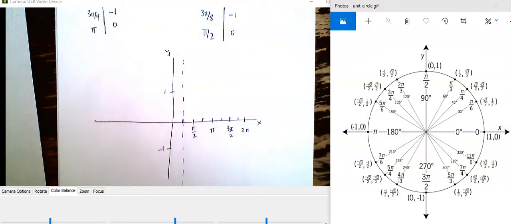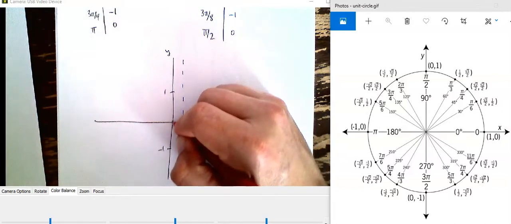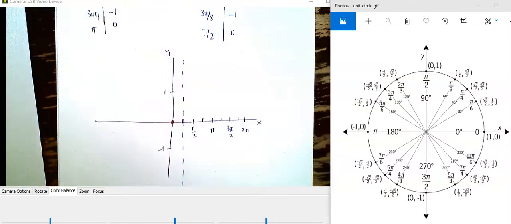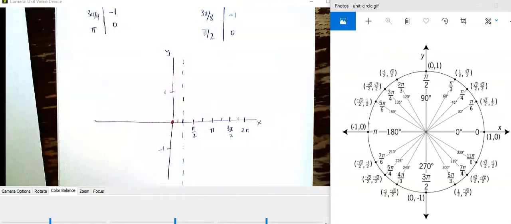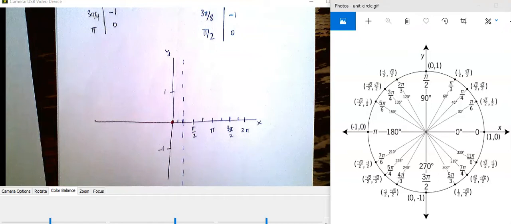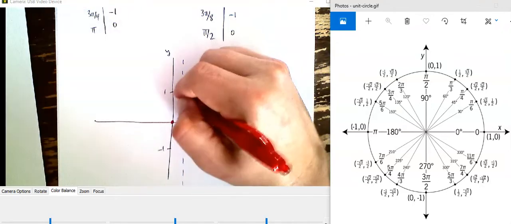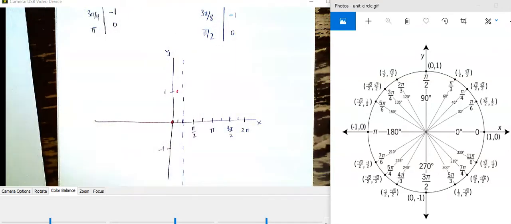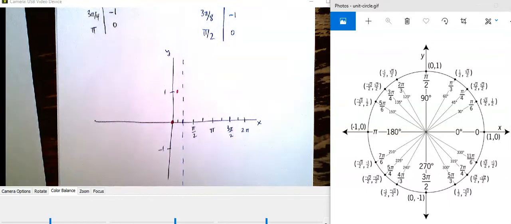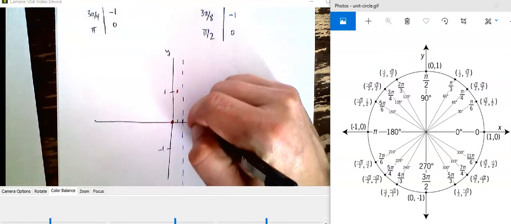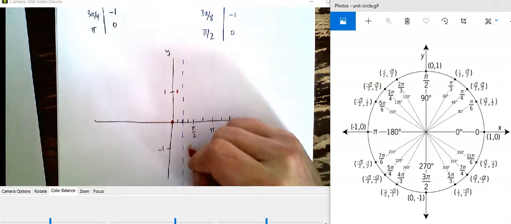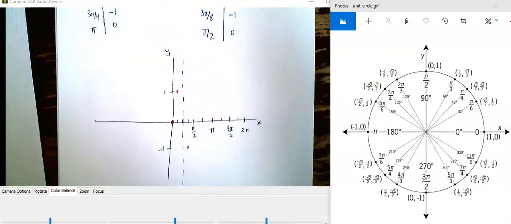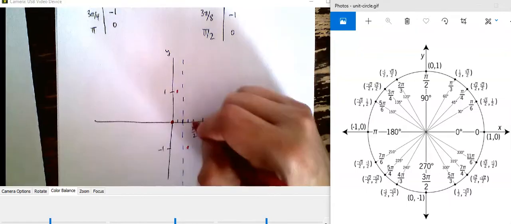And we can start filling in some values. So at 0, we're at 0. At pi over 8, halfway between pi over 4 and 0, we're at 1. At 3 pi over 8, halfway here, we have a negative 1. And at pi over 2, we're at 0 again.